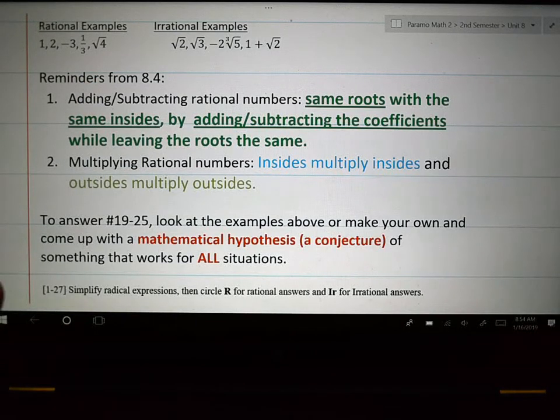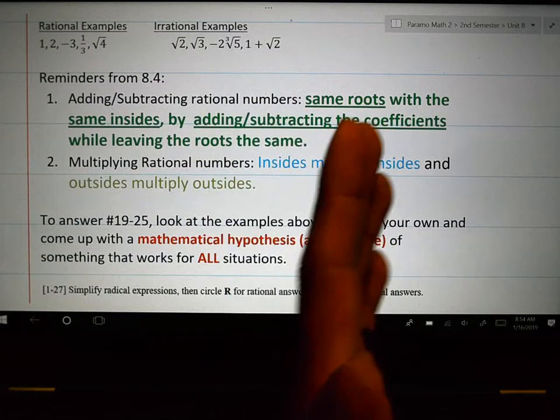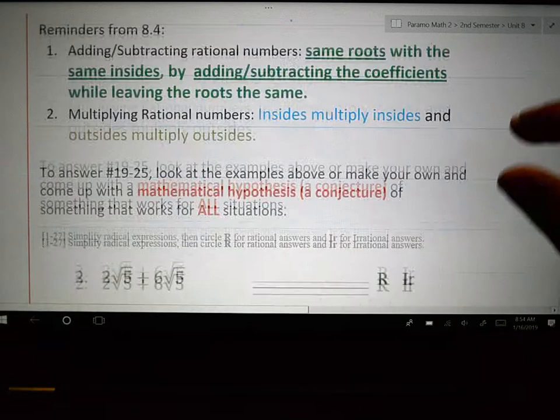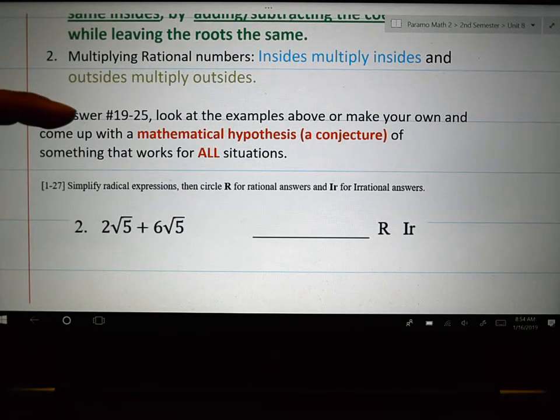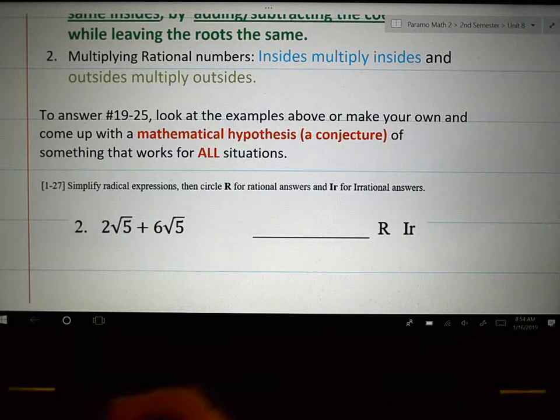The level then jumps, in my opinion, from level 1 to about level 3. Like it skips level 2. When you get to questions numbers 19 through 25 on this worksheet, it's going to ask you to come up with examples or counterexamples to really find out, do you know what we're talking about on the previous page?